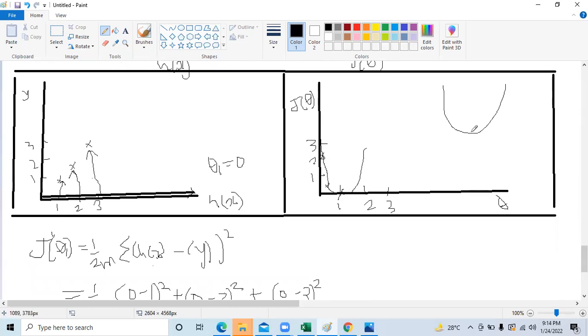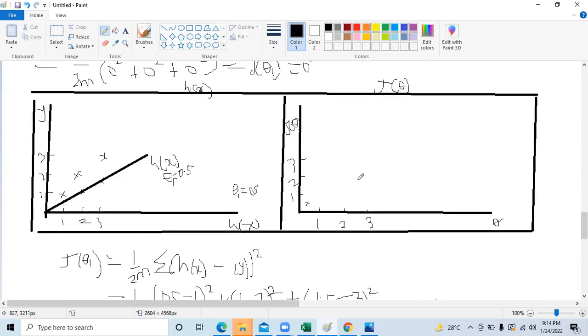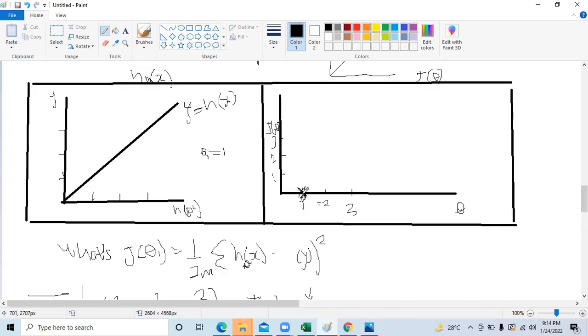The goal of machine learning is for theta to be at the minimum level. We call this the global minimum.